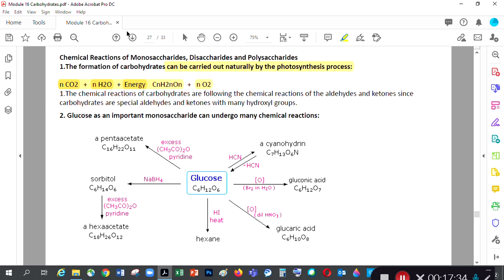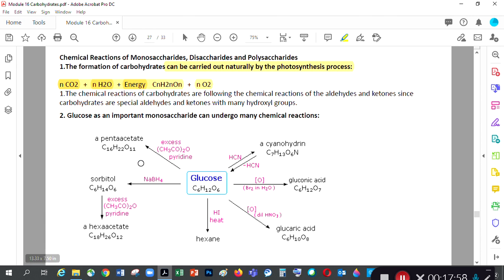Now, this is just how the carbohydrate naturally is formed. Now, if you look at the chemical reactions of glucose, a very basic and very important unit, which contributes to many structures of the carbohydrates in nature, glucose can go through many reactions.